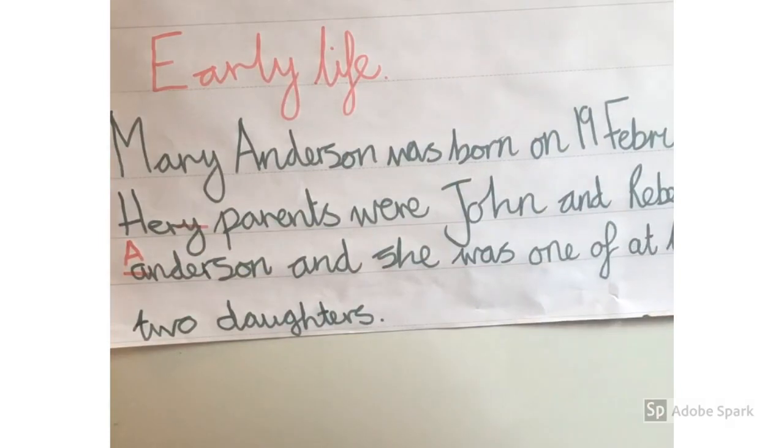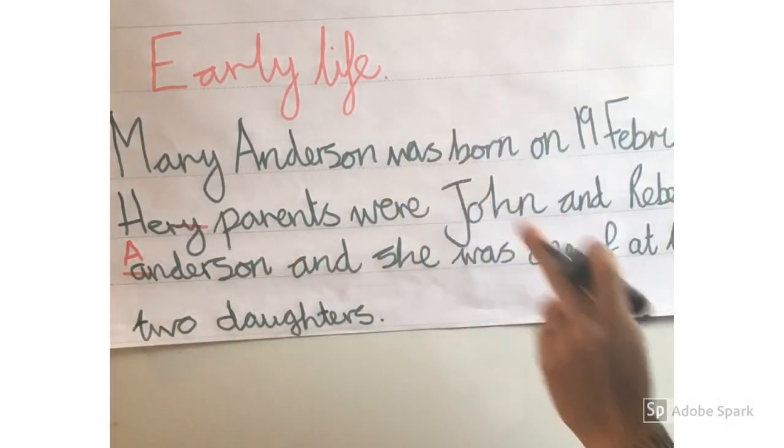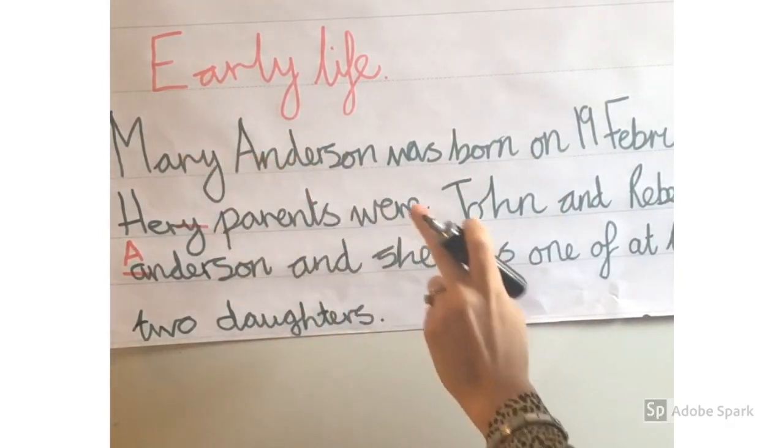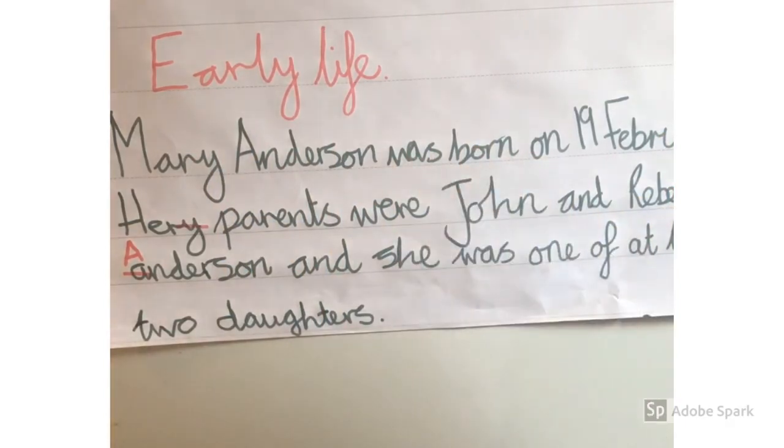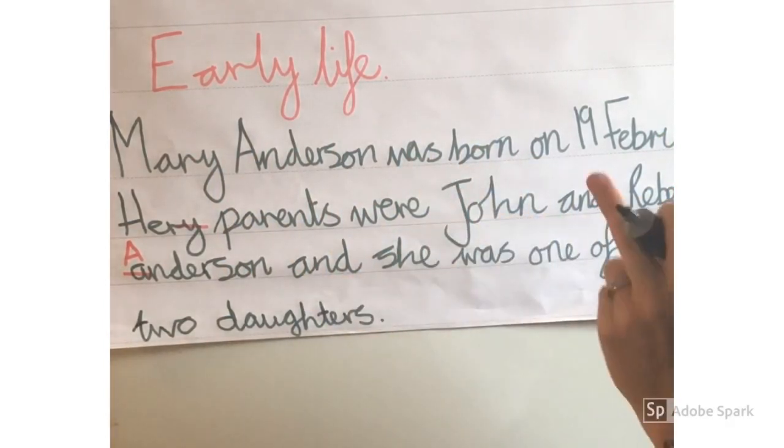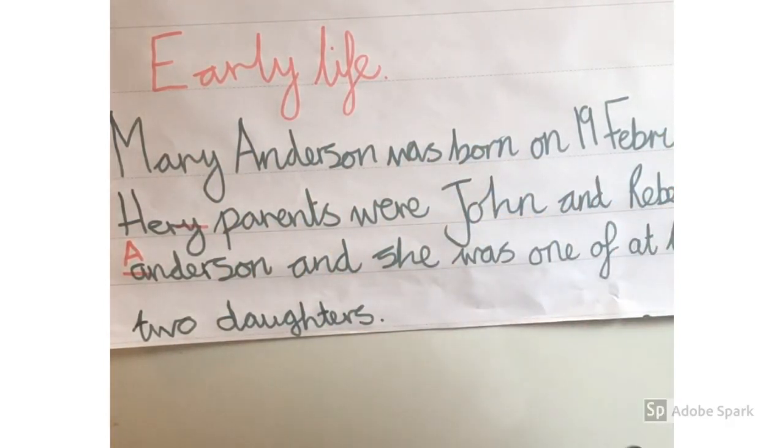So Mary Anderson was born on the 19th of February 1866. Her parents were John and Rebecca Anderson, and she was one of at least two daughters, full stop. So that's the beginning of my paragraph for my early life.